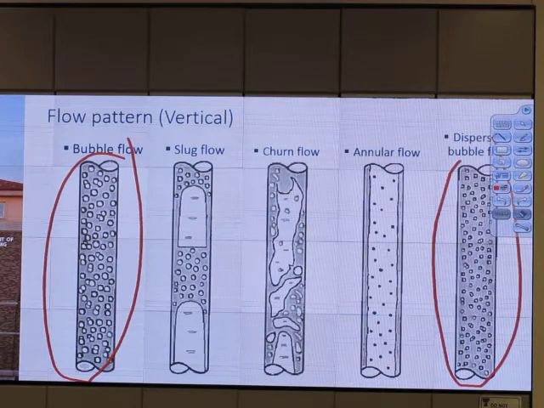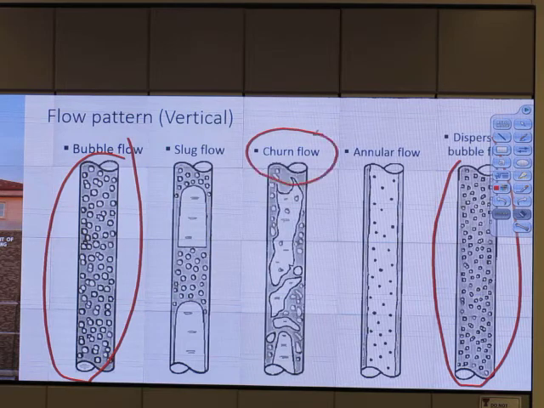Slug flow looks like intermittent flow, bullet-shaped gas bubbles coming and going. Churn flow is like shaking a bottle of water, very chaotic. It is systematic, but it is a chaotic system.